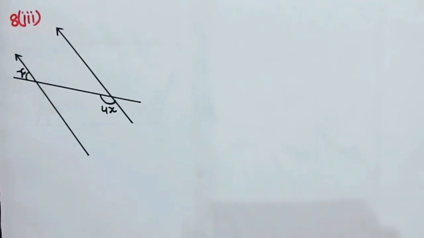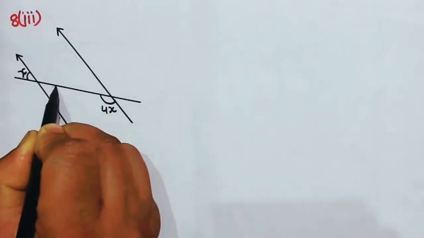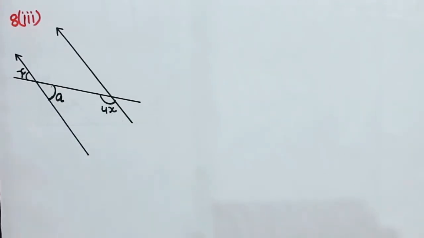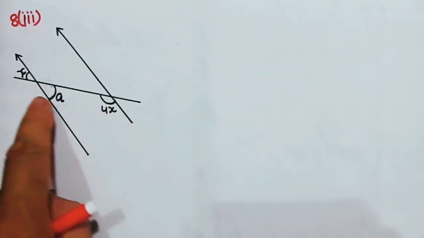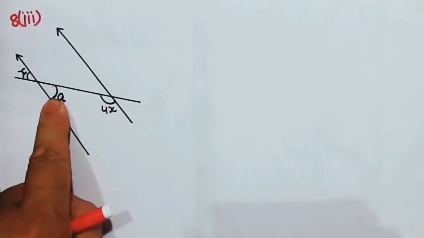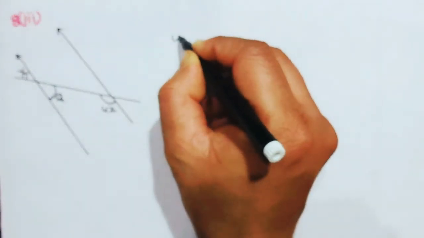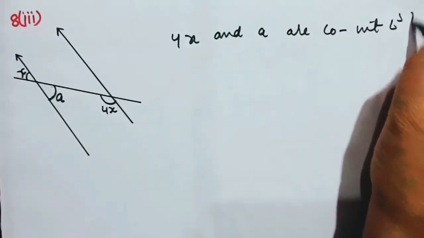I find that when these two lines are parallel, then the sum of these two angles 4x and A will be equal to 180 degree, because 4x and A are co-interior angles.